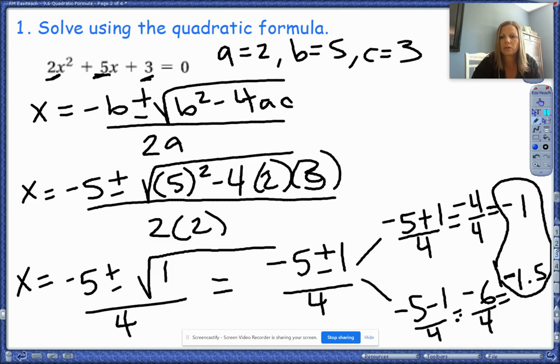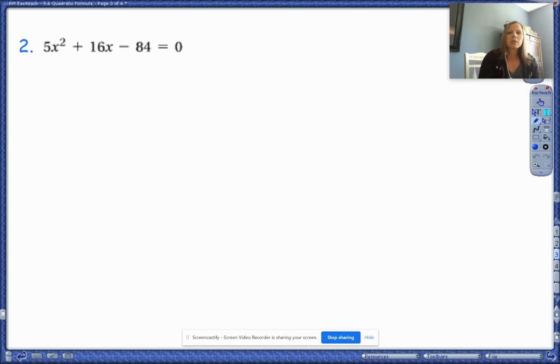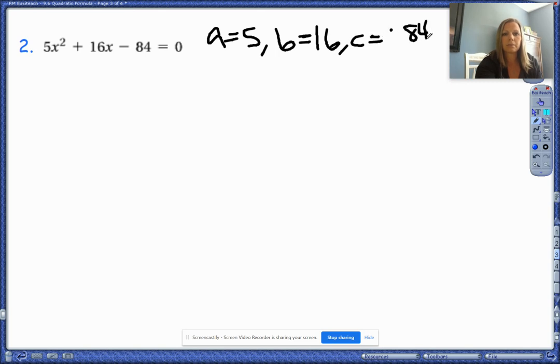Okay. So another one. First thing, I'm going to identify my A, my B, and my C. So my A equals 5. My B is 16. And my C is negative 84. Plug them into my equation.